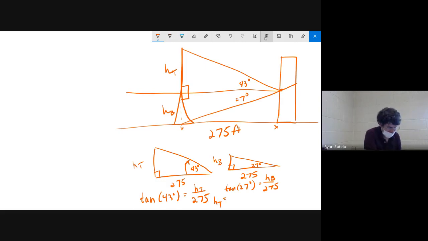Height to the top, I got 256.442. Height at the bottom, I got 140.119.